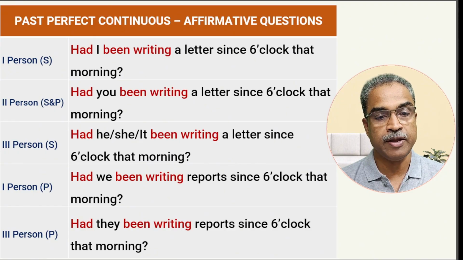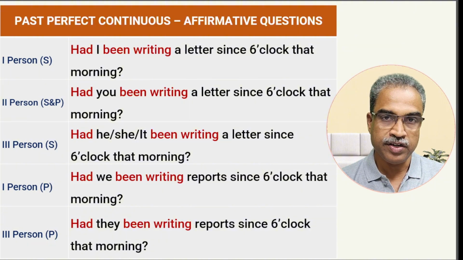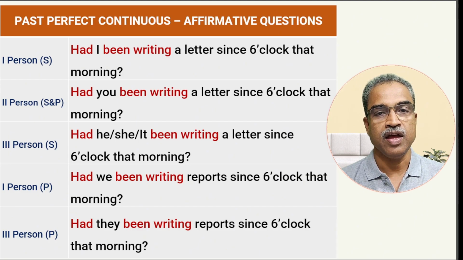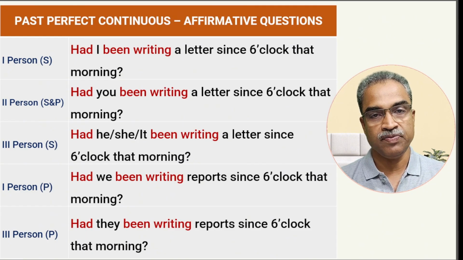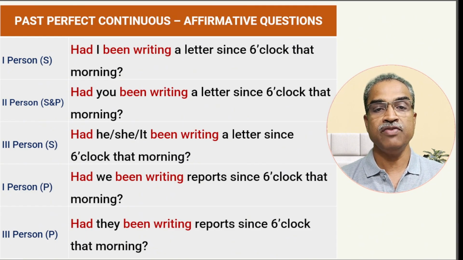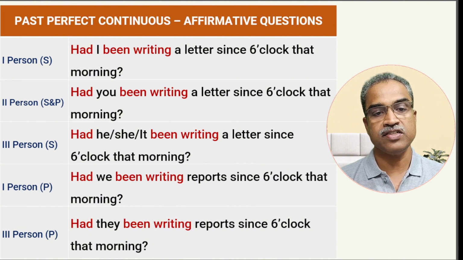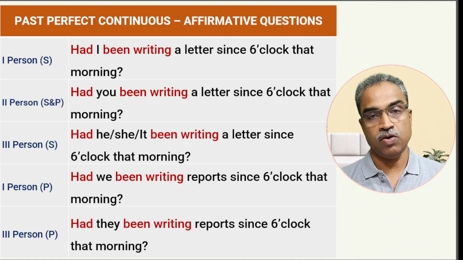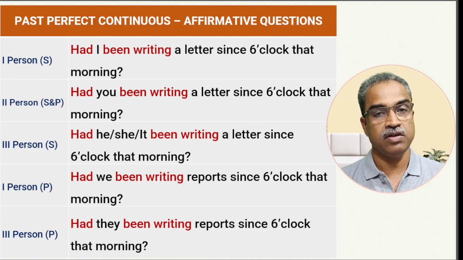For example, if I say, had you been writing a letter since 6 o'clock? Why had you been writing a letter since 6 o'clock? Just add that. It will be a wh-type question, which will be seeking information. All these questions that I am giving, where you place the auxiliary first, then the subject, are yes/no type questions, because the answer is always going to be either yes or no.